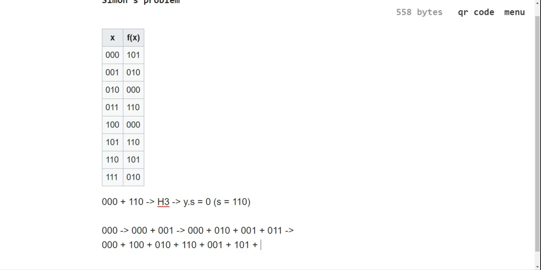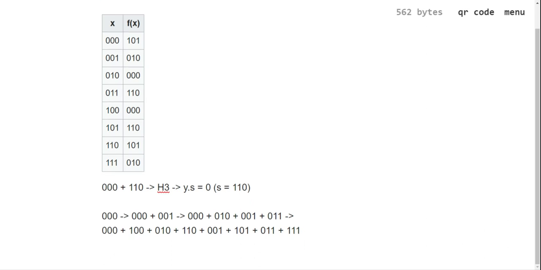And for the last one, you should have here a superposition of the possible values 0, 0, 0, 0, 0, 1, 2, 3, 4, 5, 6, and 7.